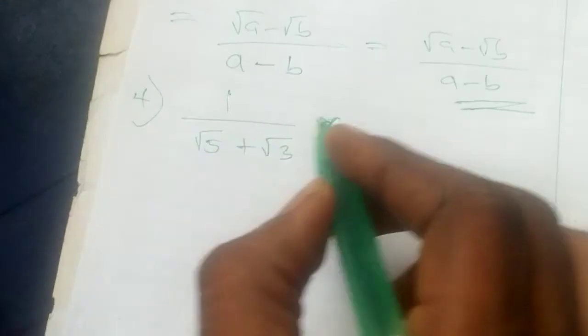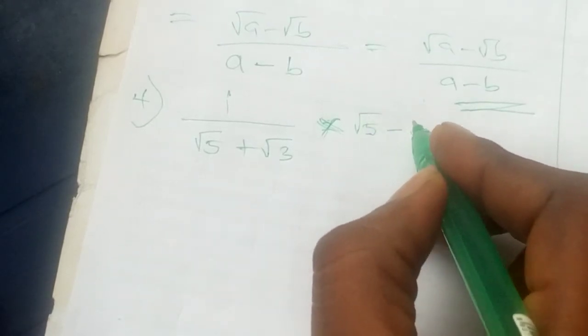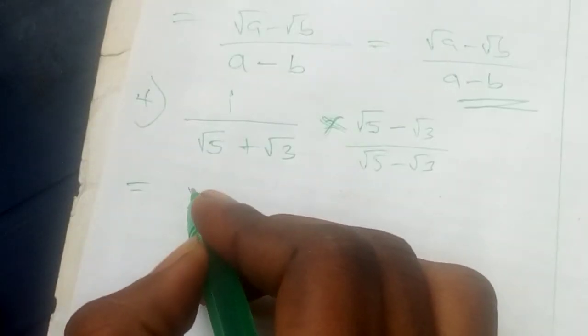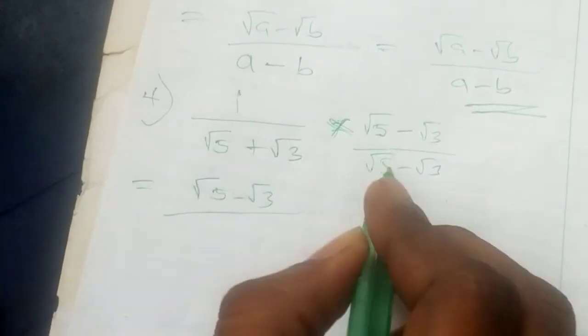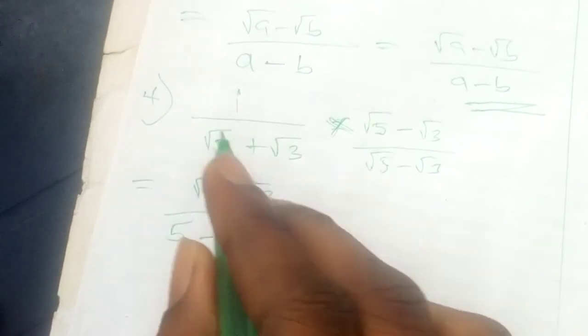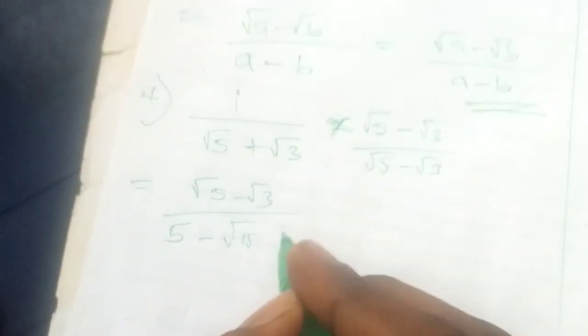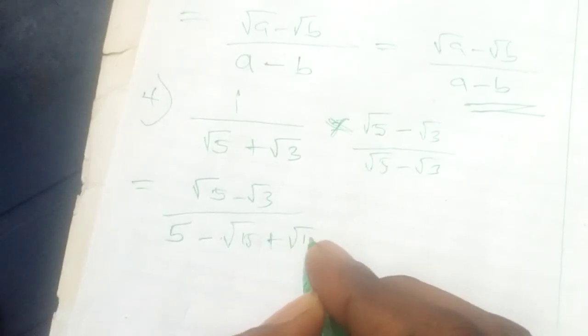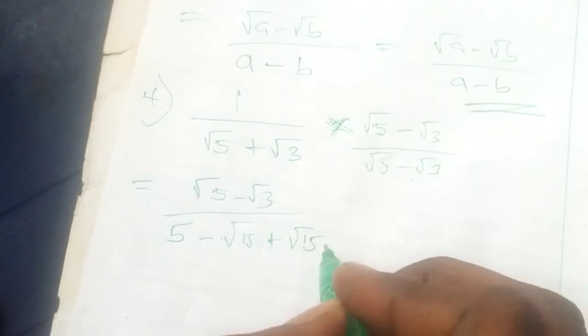You multiply it by root 5, and don't forget to change the sign: minus root 3 over root 5 minus root 3. So you have root 5 minus root 3 in the numerator. Root 5 times root 5 will give us 5, minus root 5 times root 3 will give us root 15, plus this root 15, plus root 3 times minus root 3 will give us what?